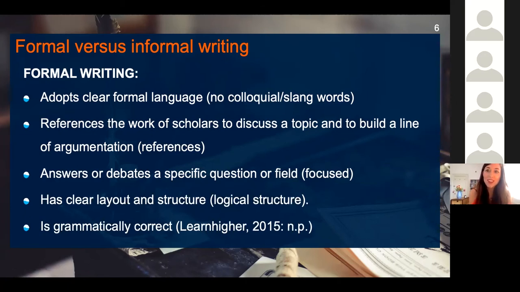So you need to make sure that your writing is correct on a grammatical level within the English language. Those are the key points. I actually took them from a Learn Higher document, but they make a lot of sense. They are really the key aspects of academic writing, or good practice within academic writing.